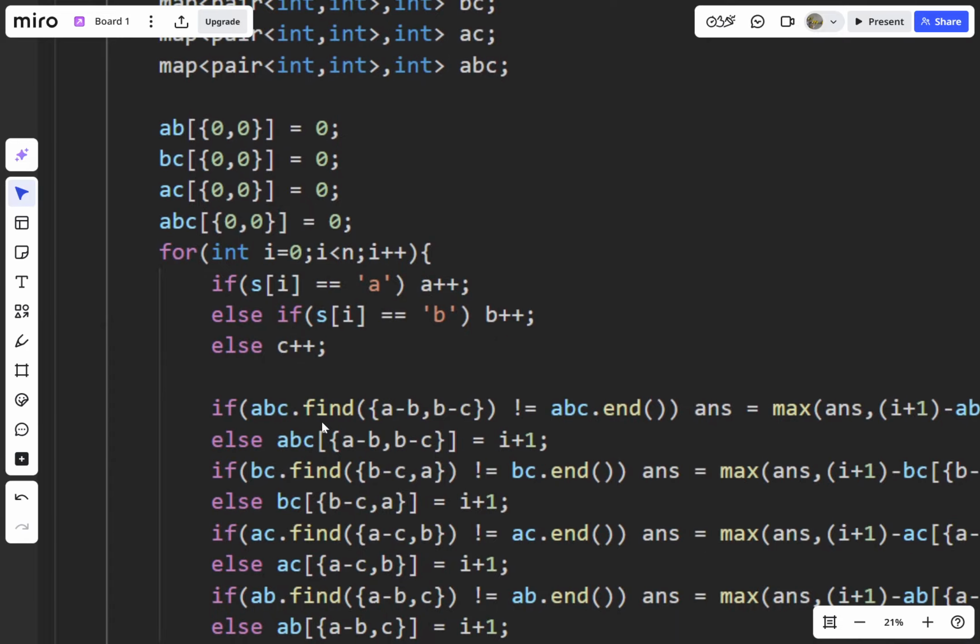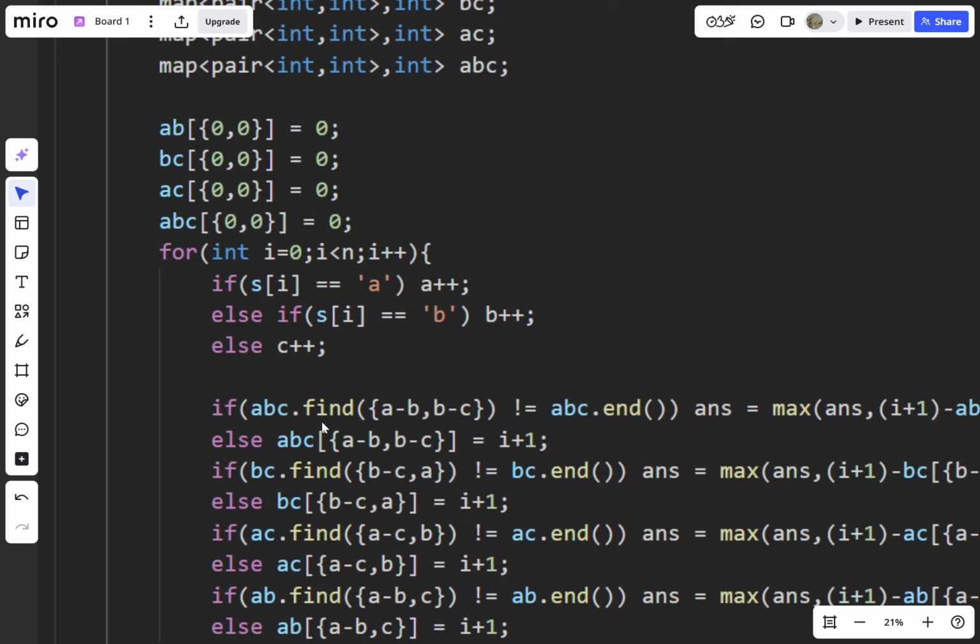Now firstly we are initializing it with 0, because we can initialize it with -1 also if we are working in 0 based indexing, but here I am working in 1 based indexing, so that's why we have initialized it with 0.